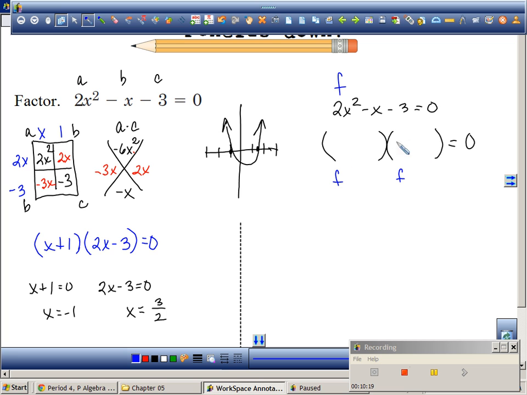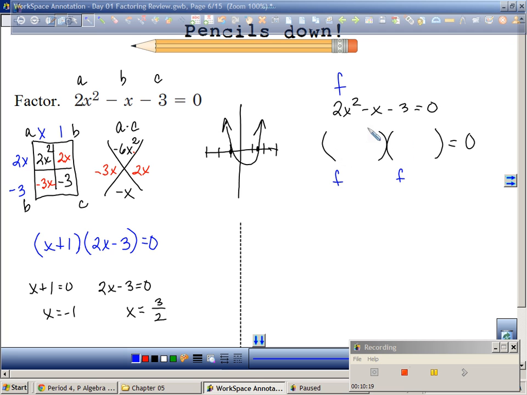What times what makes my first? 2x times x. See that? What makes my last? 3 and -1. I'm going to do it this way, just for demonstration purposes.